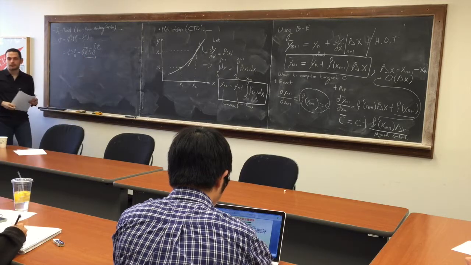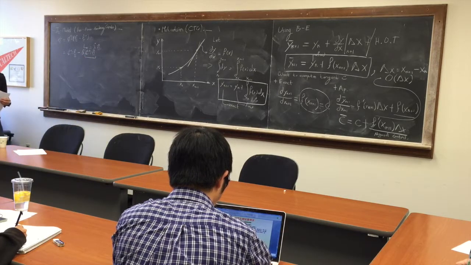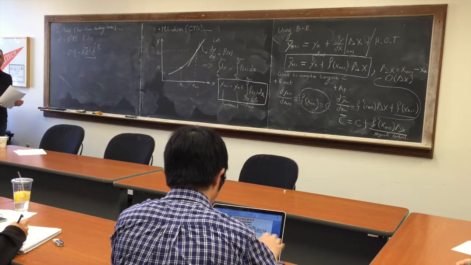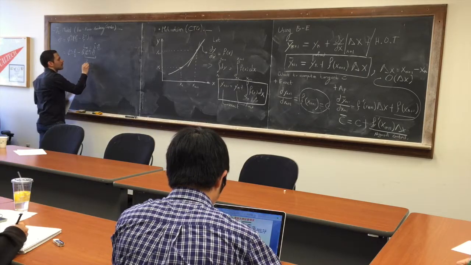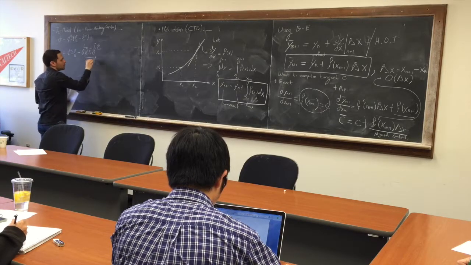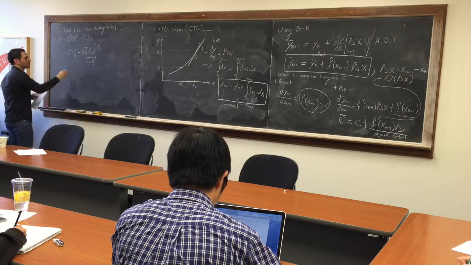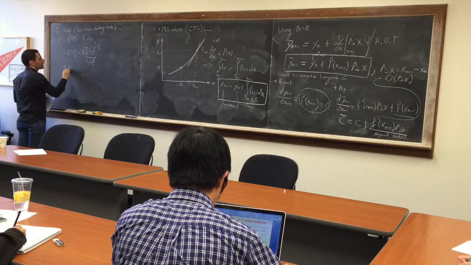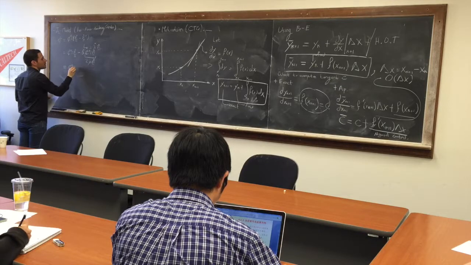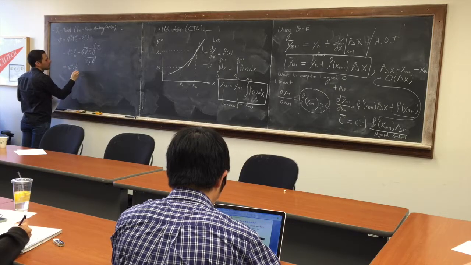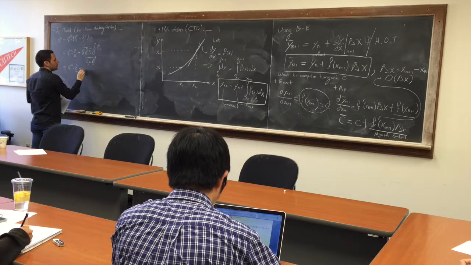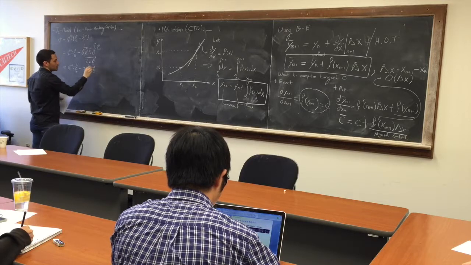What is this? 2 mu. That's pretty sharp right now. So we get two mu lambda dot n, right?